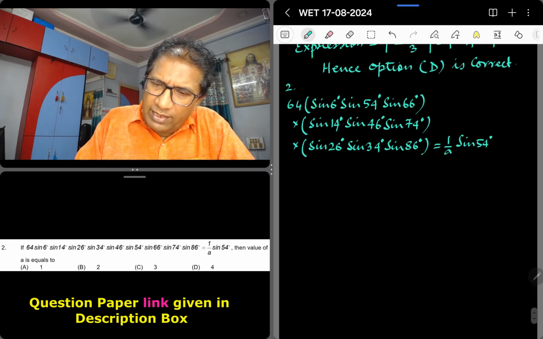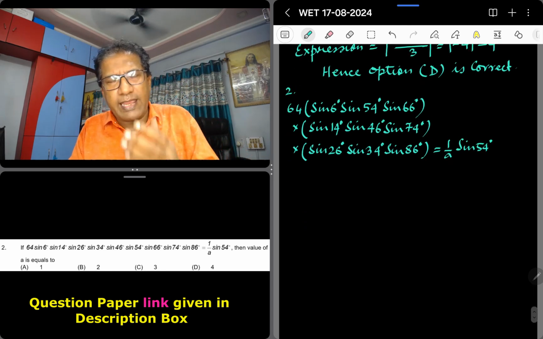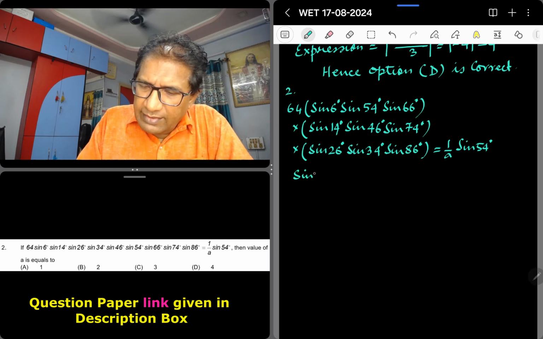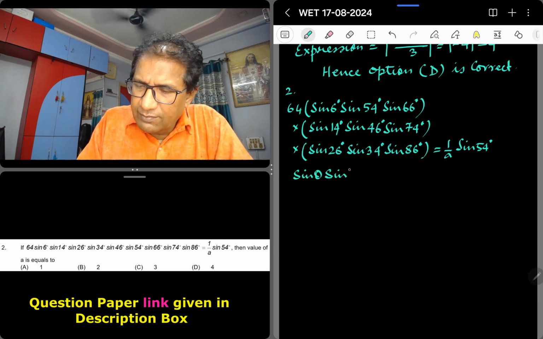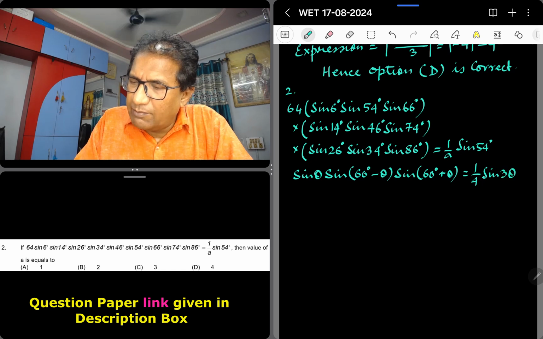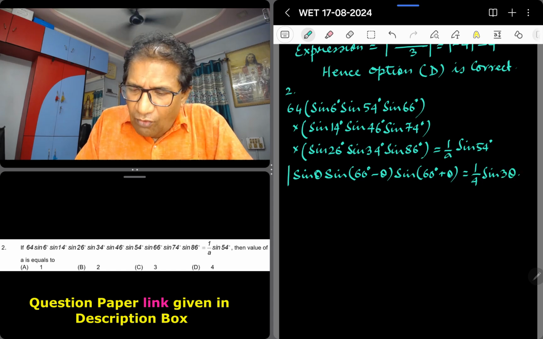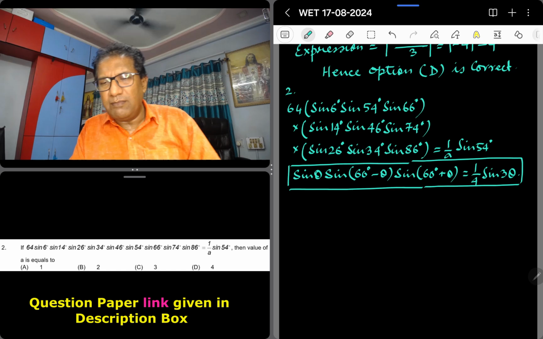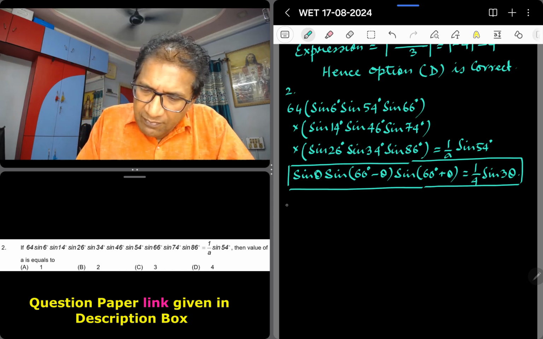Now, we know a formula, rather I should say a relation, that sine theta sine 60 degree minus theta sine 60 degree plus theta is always equals to 1 over 4 sine 3 theta. This formula or this result I will use here to simplify my given expression.